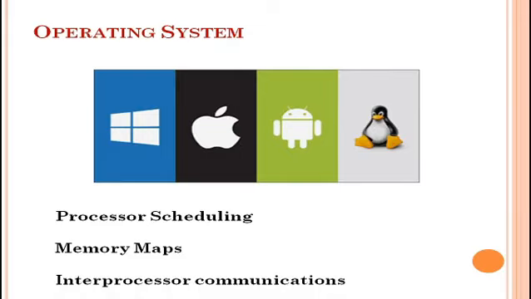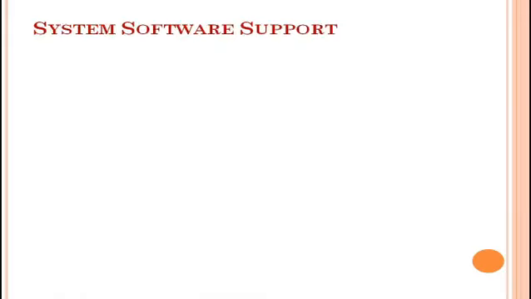Now coming to the system software support, a system software which supports the operations of a computer, and system softwares like compiler, loader, linker are the example for the system softwares. And system software is needed for the development of efficient programs in high level languages.